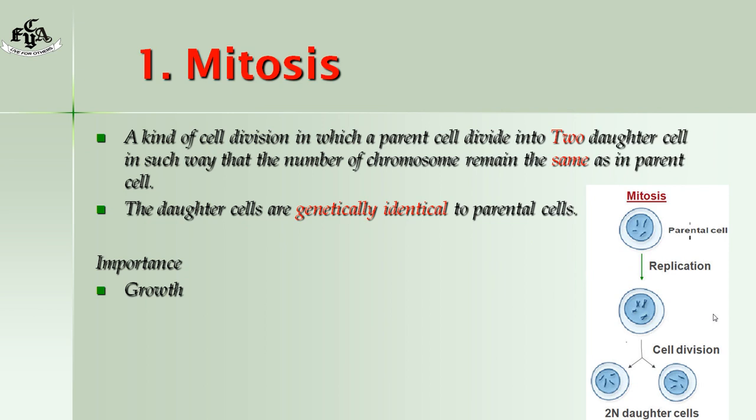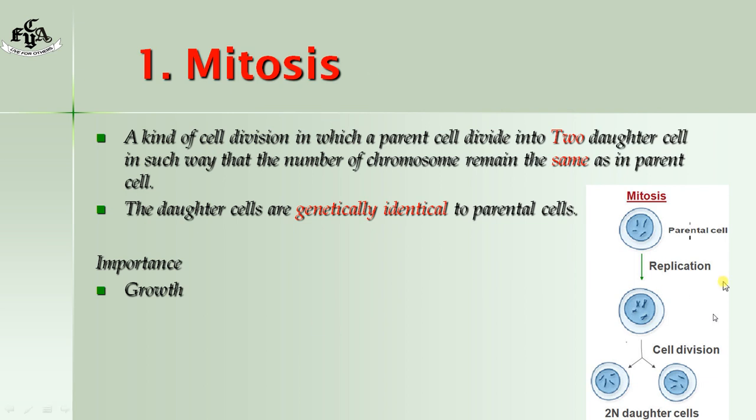There is a lot of importance of mitosis, but the most important one is growth. What is growth? If the size of a living body increases, that is called growth. And growth is because of mitosis, because through mitosis the number of cells increases.